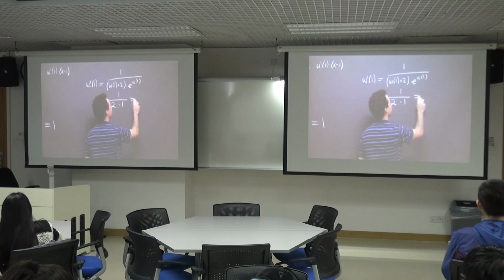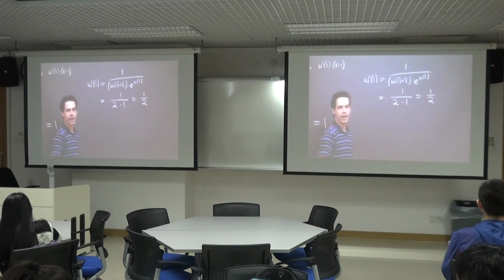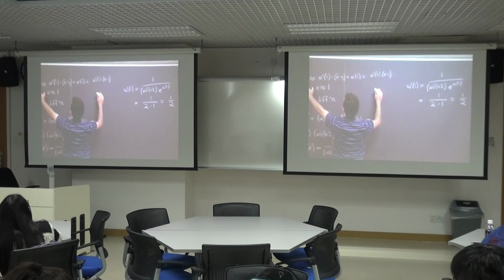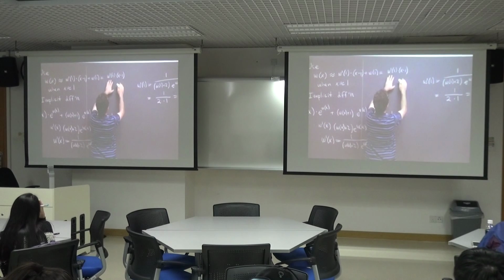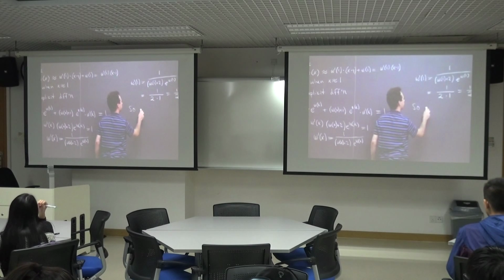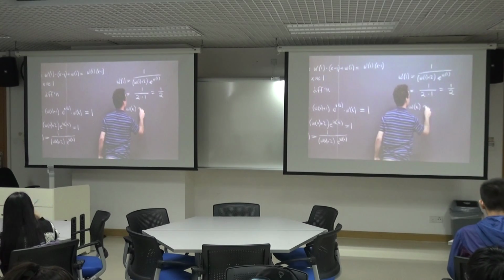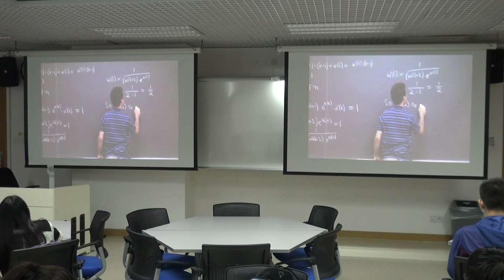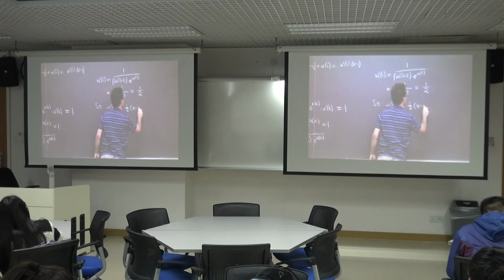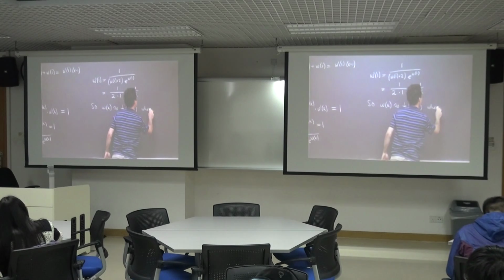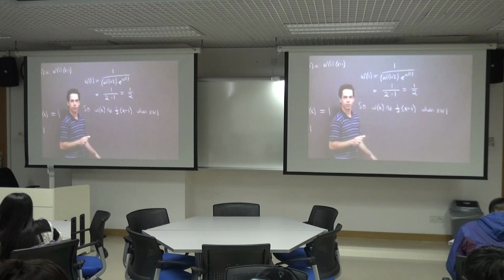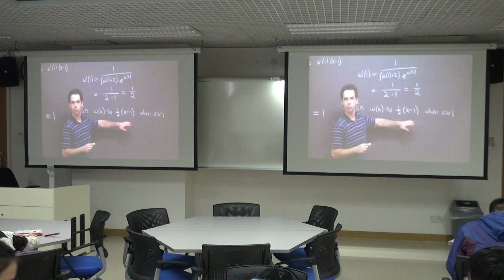So 1 over 2. Okay, so I take that back upstairs to this equation that I had here, and I have W of x is approximately equal to W prime of 1 times x minus 1. So W of x is approximately equal to W prime of 1, we saw is 1/2 times x minus 1. And that approximation was good near our base point, so that's good when x is near 1.